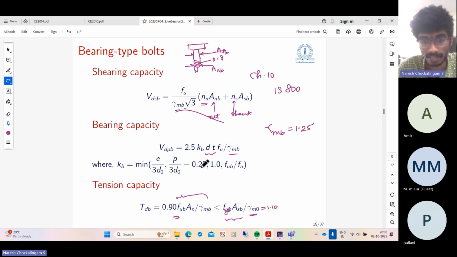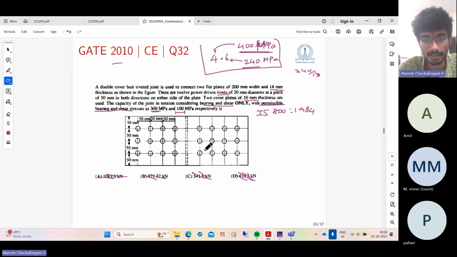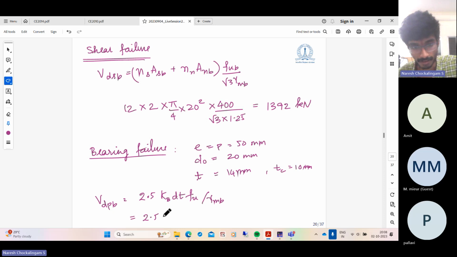So E is equal to P, so the second one can be smaller, and that value is about 0.58 in our case.